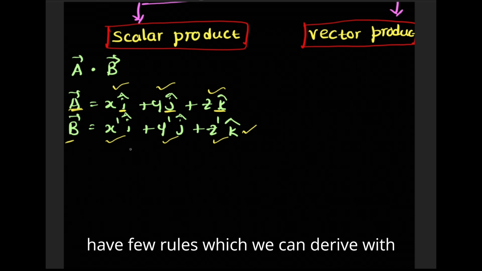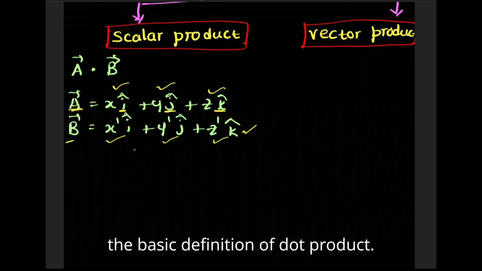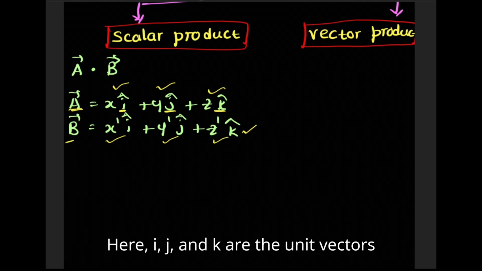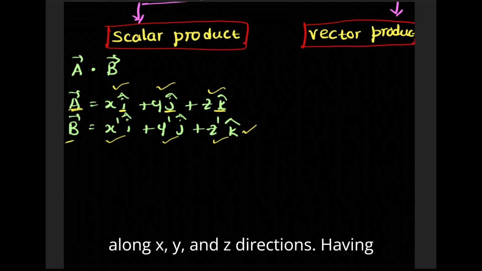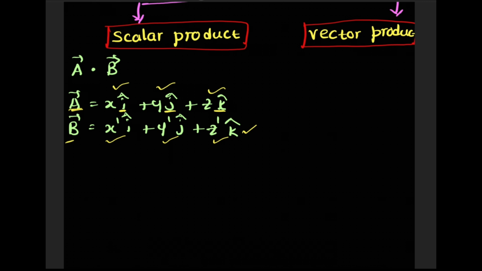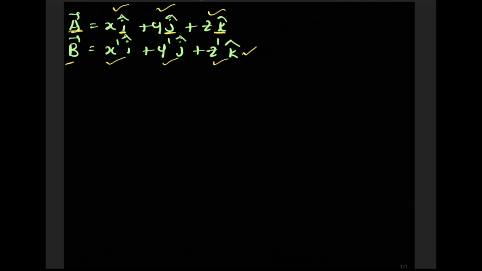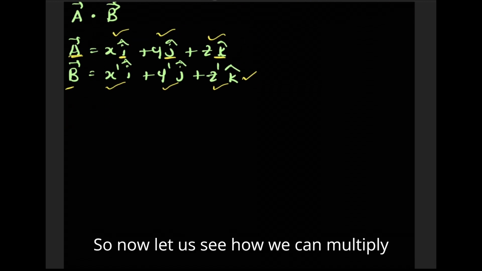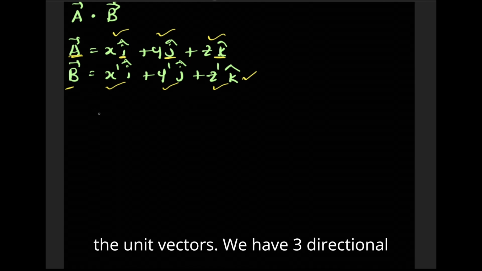For this purpose, we have a few rules which we can derive from the basic definition of dot product. Here i, j, and k are the unit vectors along x, y, and z directions, having magnitude 1. So now let us see how we can multiply the unit vectors.